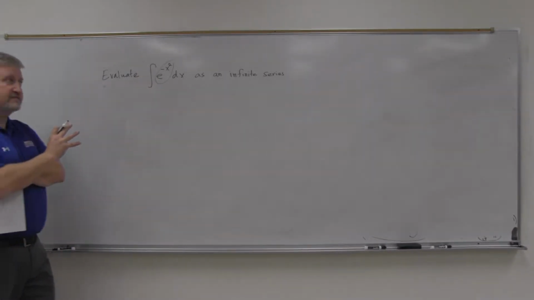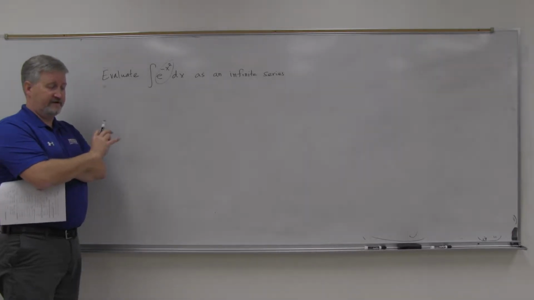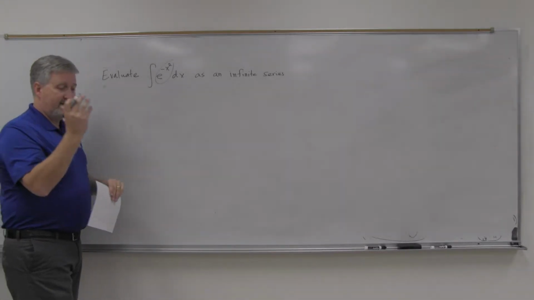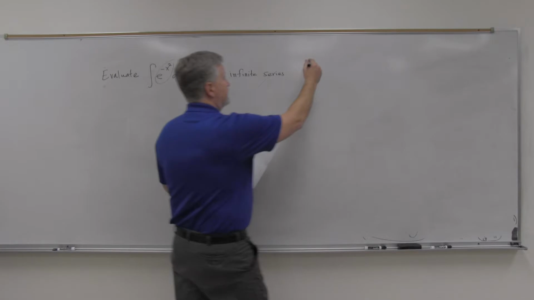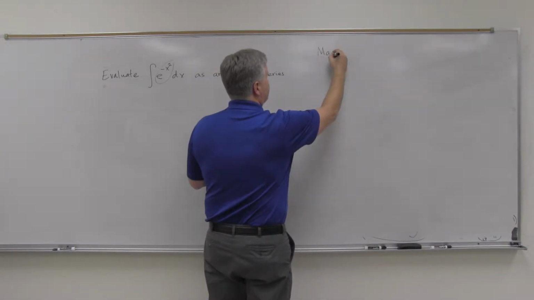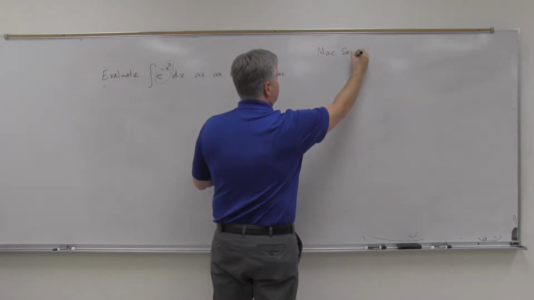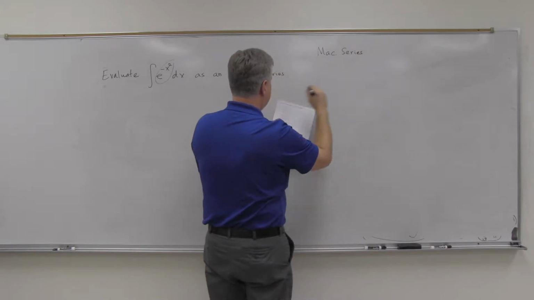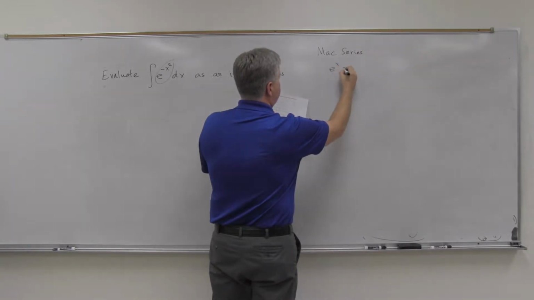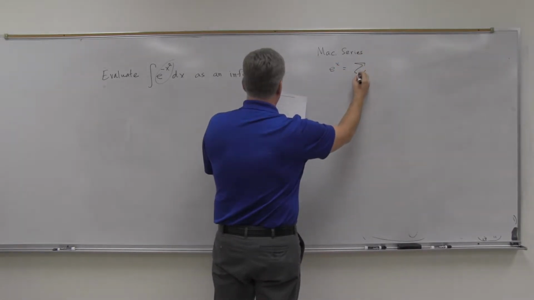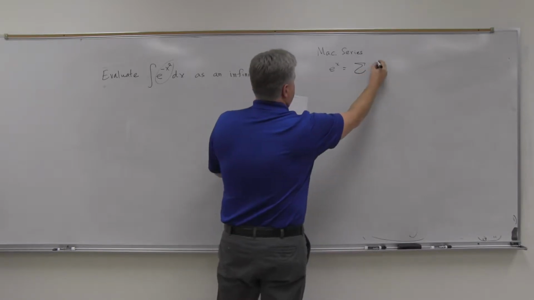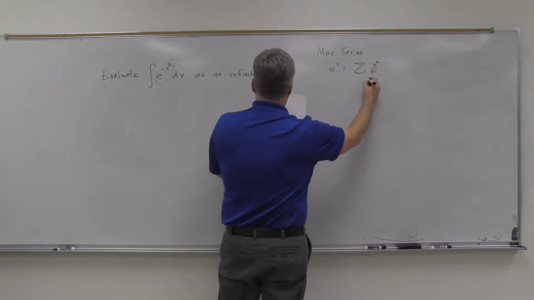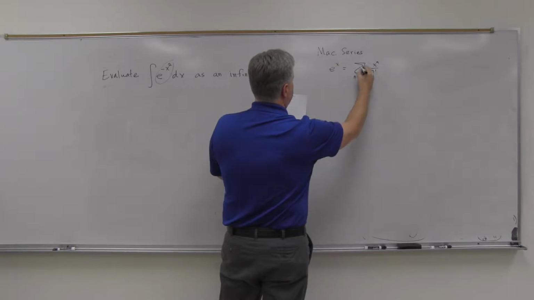For one thing, that's very strongly related to a Maclaurin series. On our little formula sheet there, e to the x as a Maclaurin series is the sum of x to the n over n factorial, n equals 0 to infinity.